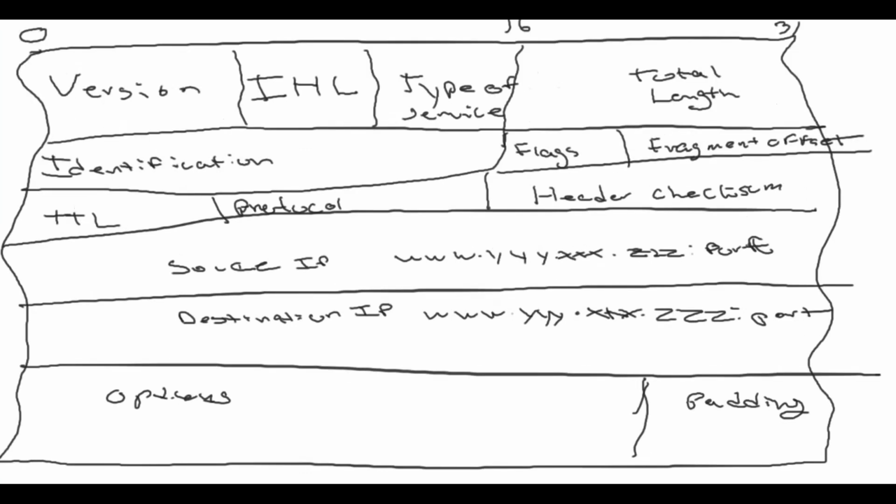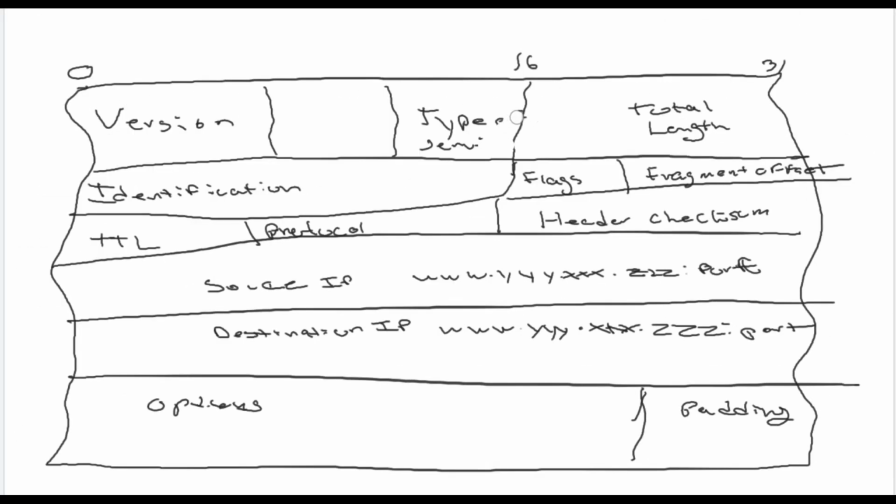IHL is Internet Header Length, by the way. And the total length gets moved into where the identification is, and it gets renamed payload length.